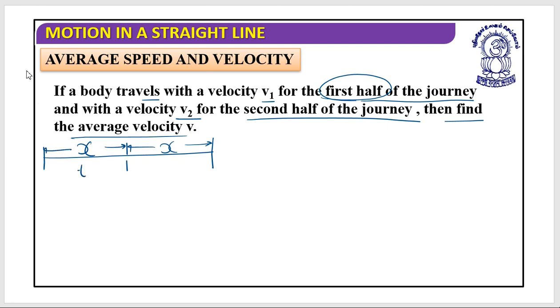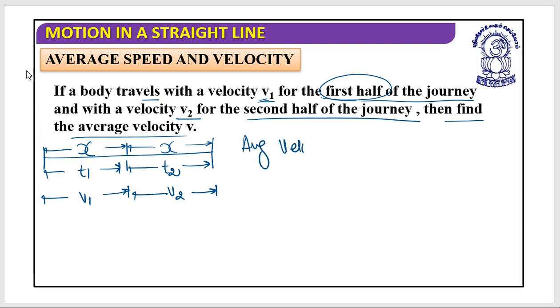For this x, the time required may be t1 because I have no idea, and for the other the time required would be t2. They have given me the velocities: for this, the velocity would be v1 and for this, the velocity would be v2. So let's begin. What they ask is average velocity.